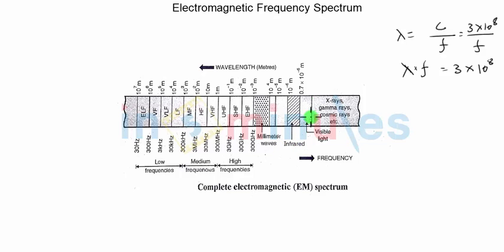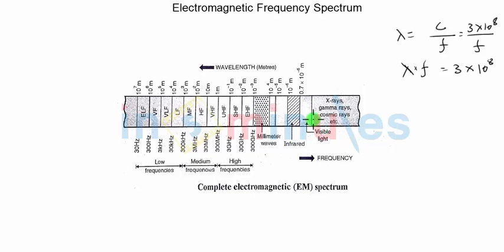We have one more very specific group which is called infrared. Infrared waves will have wavelengths starting from 10^-6 meters up to 0.7 × 10^-6 meters. So this very specific group of wavelengths and corresponding frequencies will be called infrared.